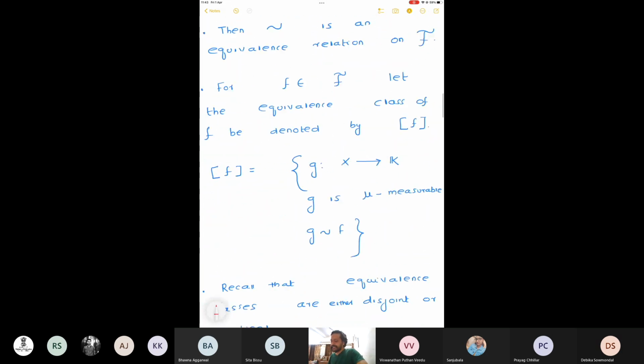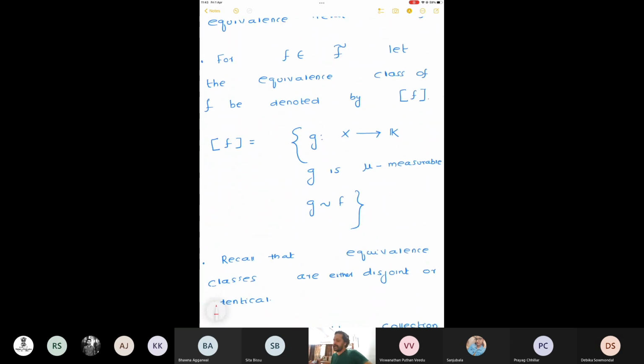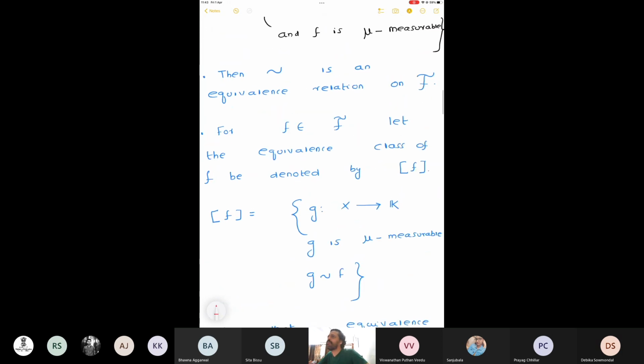Inside an equivalence class, I identify all functions that are almost everywhere equal. g is equivalent to f means g is equal to f almost everywhere. So I don't distinguish between two functions that are almost everywhere equal.